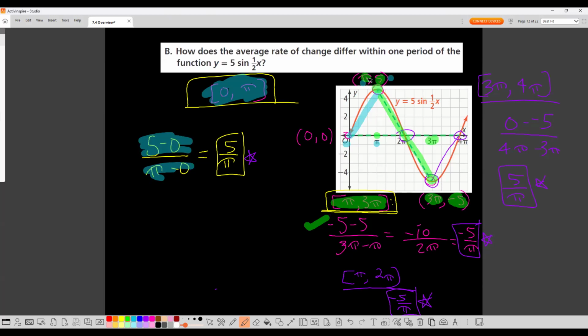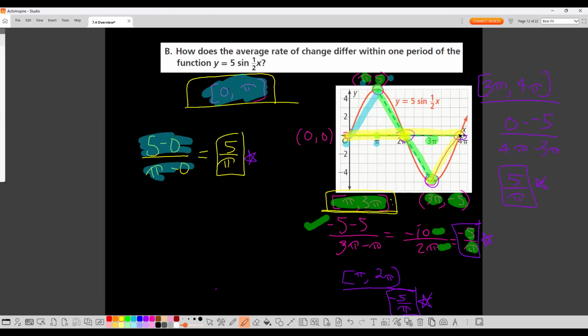You can see the calculations there: -10 for -5 minus 5, and 3 pi minus pi is 2 pi, and simplify, -10 over 2 pi, dividing the numerator and the denominator by 2. And then I just did one more at the very end. You could do a rate of change between one of these horizontals, but that's going to be 0 between those two, or these first and last ones.